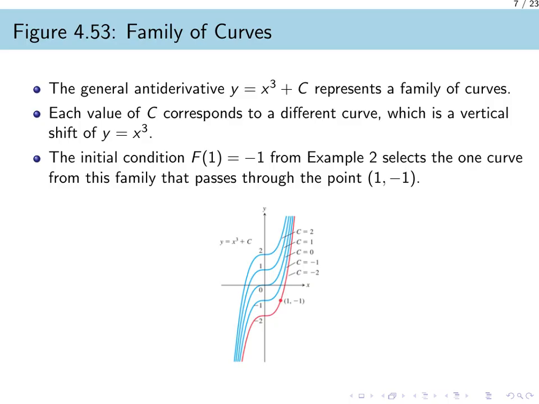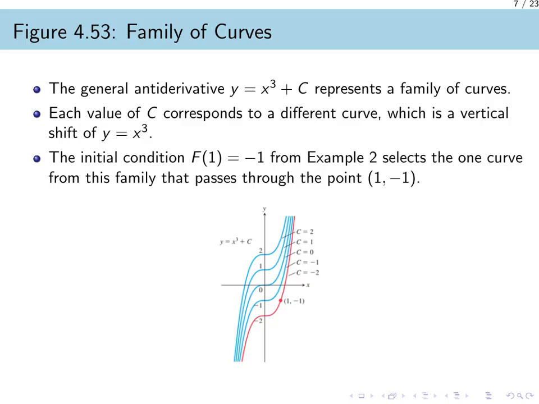For example, a C value of 2 shifts the curve up by 2 units. An initial condition, like requiring our function to pass through the point 1, -1, acts as a selector. It forces us to pick the one specific curve from this infinite family that satisfies our requirement.